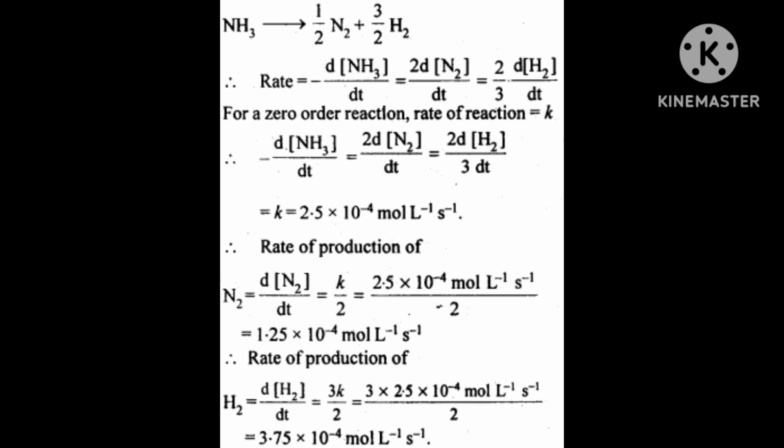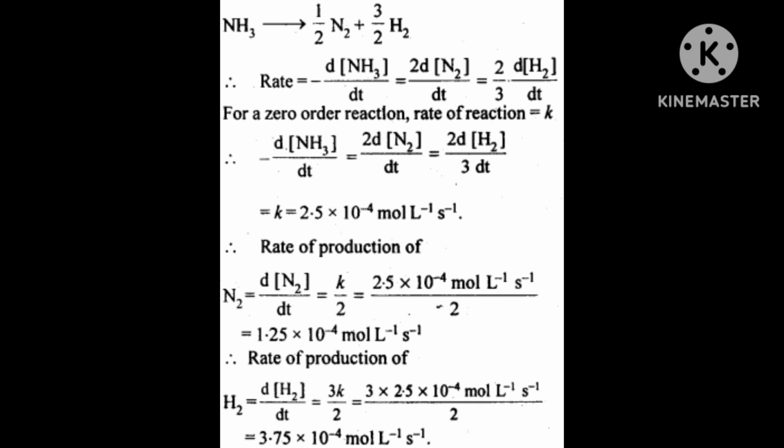Where it cuts the y-axis, from 0 to that point is the value of ln r0, that is, the ln of the initial concentration.